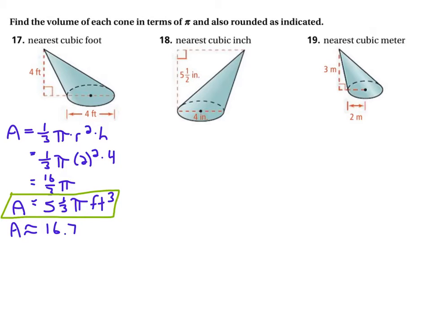I don't need to look any further than that, because I'm going to round to the nearest whole number. Is this 5 or higher? It is. And so since it's 5 or higher, I'm going to round that 6 up to a 7 and say the volume is approximately equal to 17 feet cubed. Those two answers are my answer.